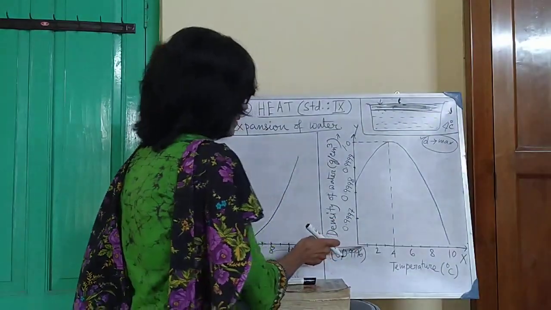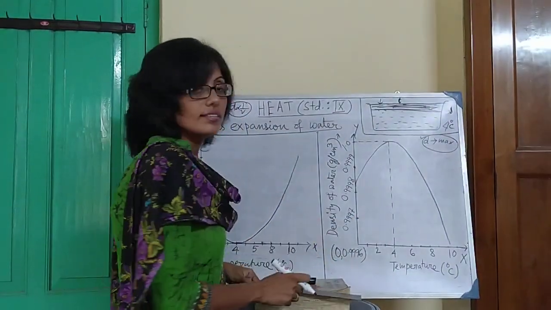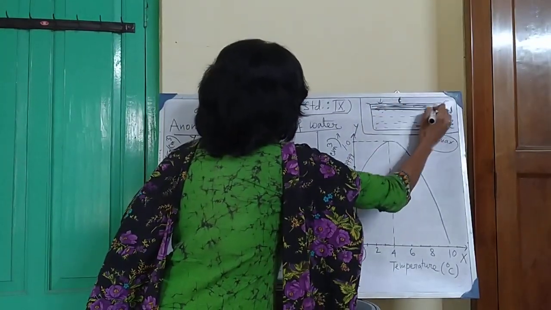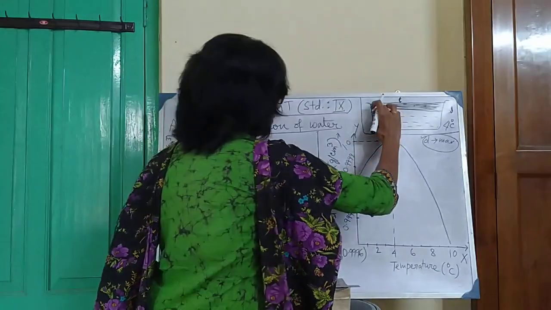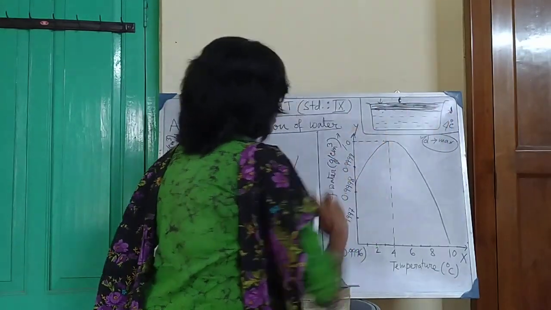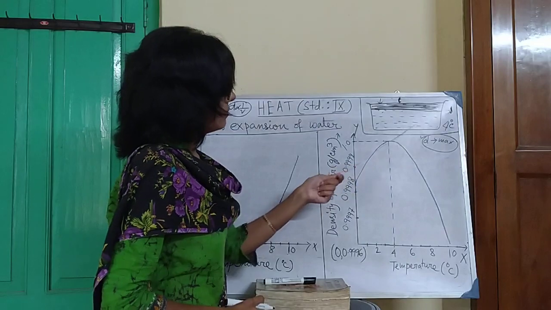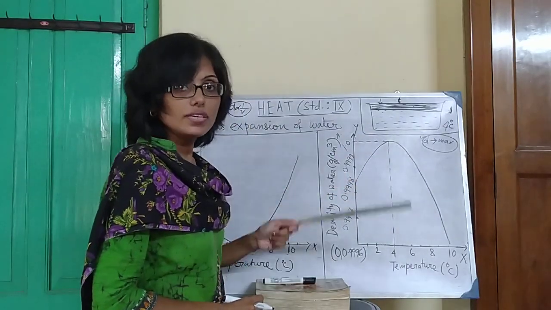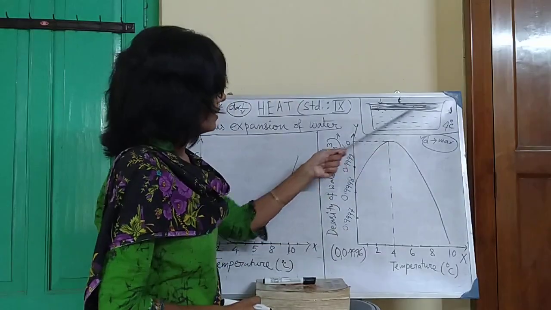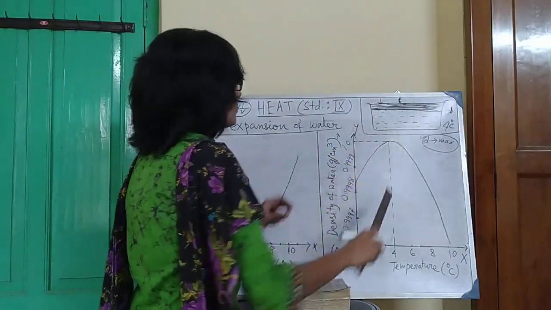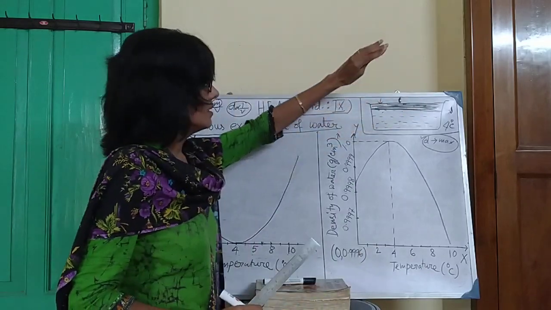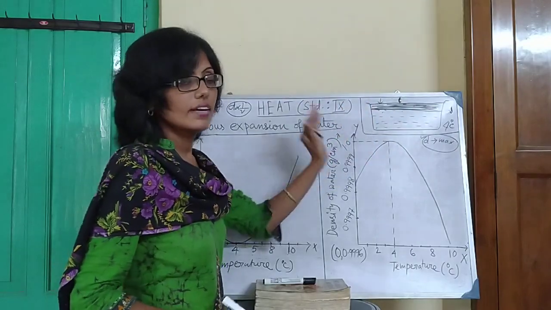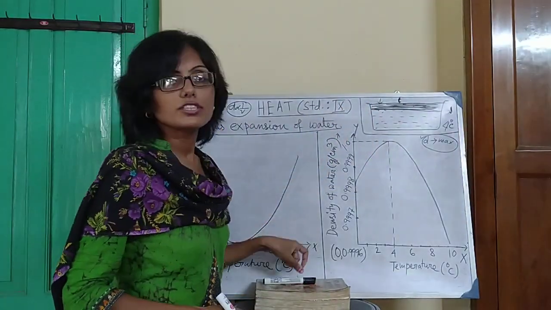So when the temperature reaches 0 degree centigrade, the upper layer of water freezes, but the temperature of the water near the bottom of the pond is still 4 degrees centigrade. So the fish etc. can survive in the water, but the upper surface of water freezes due to the decrease in temperature of the atmosphere. This is the advantage of anomalous expansion of water.